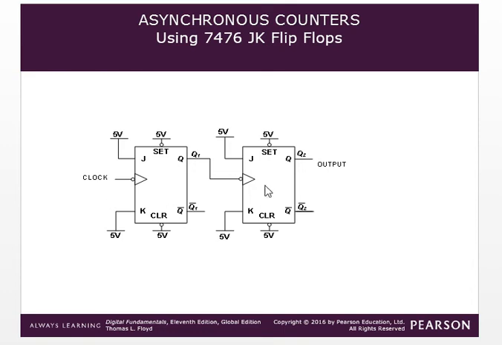For the second flip-flop, the output of the first flip-flop acts as the clock, and of course J and K are logic 1. This is the circuit diagram of the 2-bit counter.